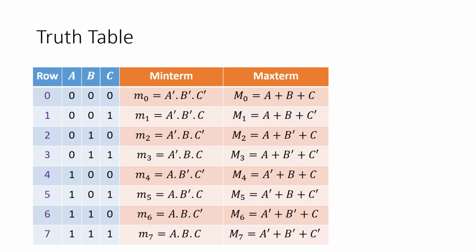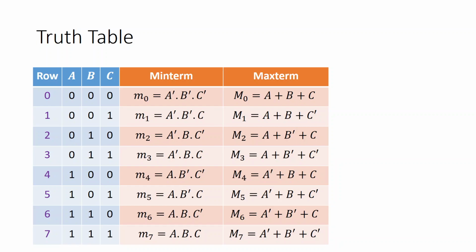Now you look at the column for min terms. Min term has a specific number, and its number is basically the row number, or it's numbered with the value represented by the binary number which comes in the sequence ABC. ABC itself is not a binary word, it's just inputs.